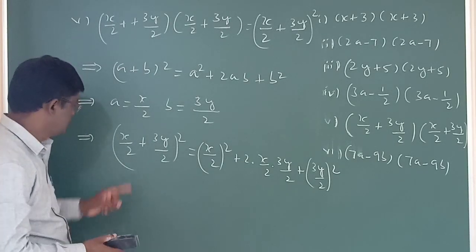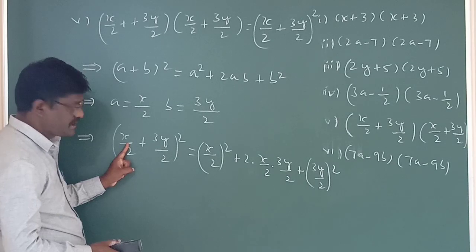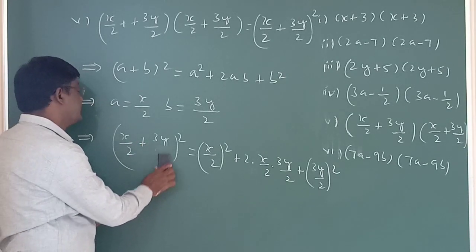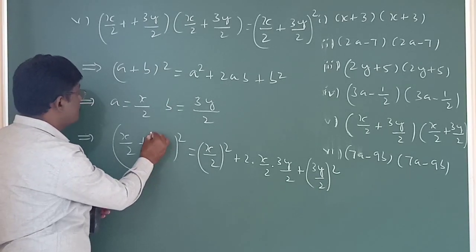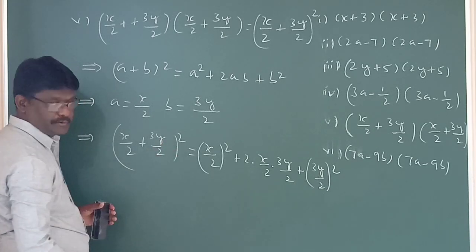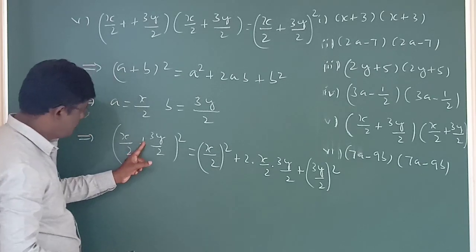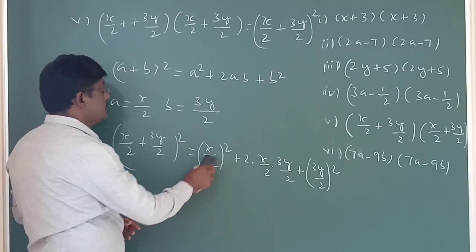Look at here, x by 2 plus, see this division line and plus should be in the same straight line. There also somewhere we made mistake. So therefore it is what? 3y by 2.